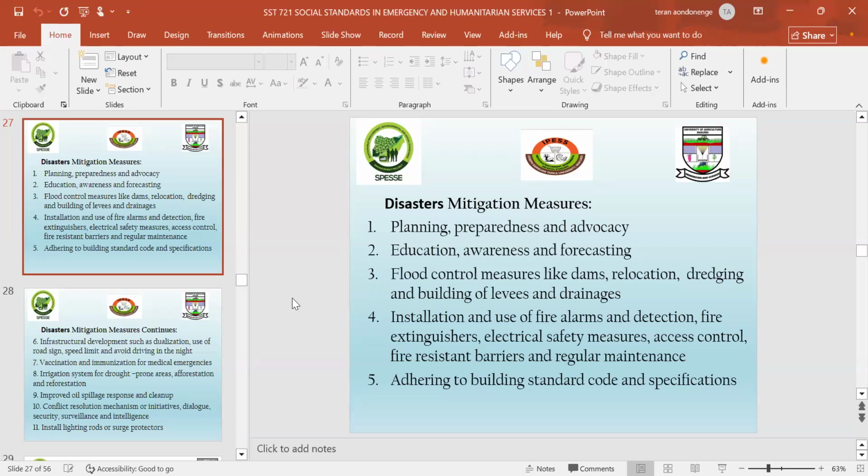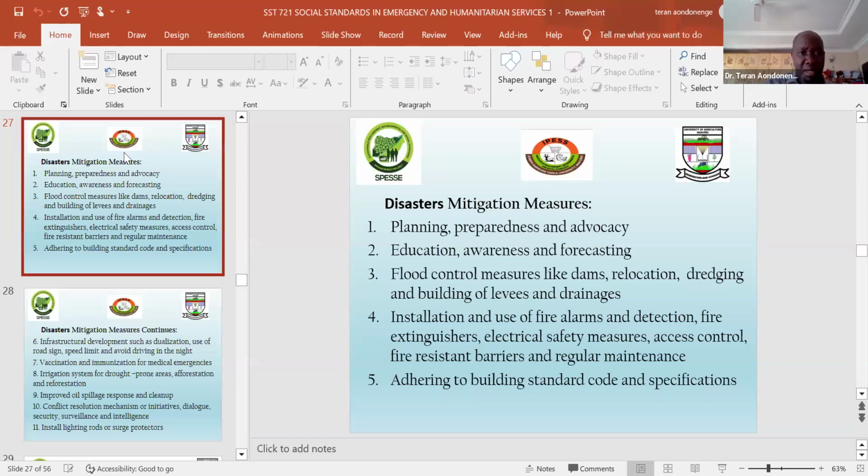The next one is also, let me go back, because I gave you a lot of time to ask a lot of questions and everybody was mute. So let me go over some basic things. I asked you to discuss low magnitude emergencies, the moderate magnitude and intensity emergencies, and catastrophic emergencies, what we call the high.